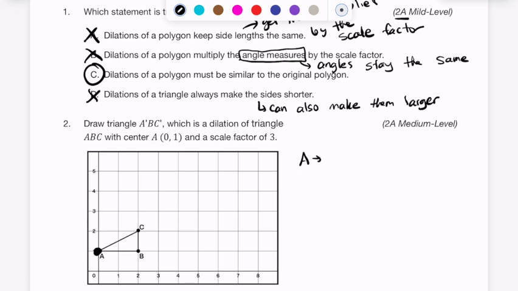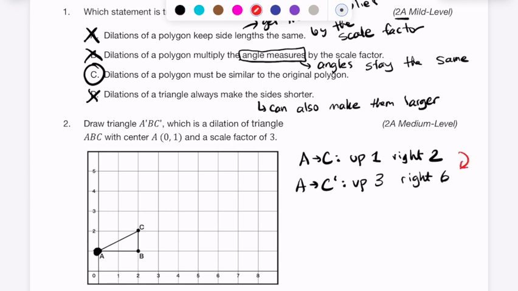To get from A to C, because A is my center, I go up 1, right 2. Then if my scale factor is 3, I multiply by 3. So instead of going up 1, I go up 3, and instead of going right 2, I go right 6.